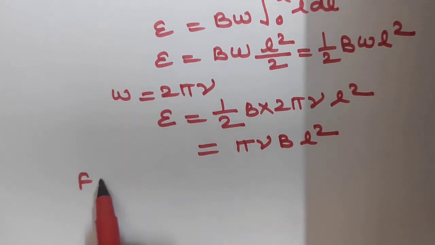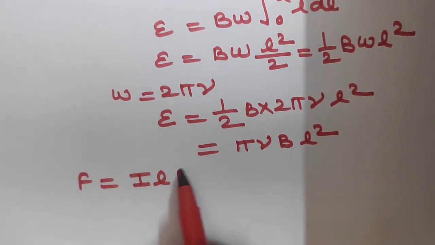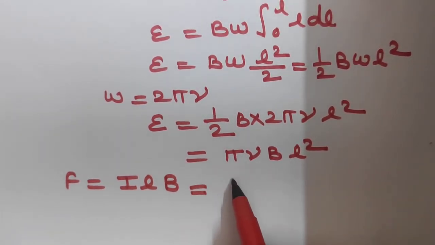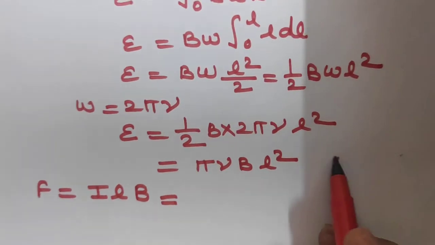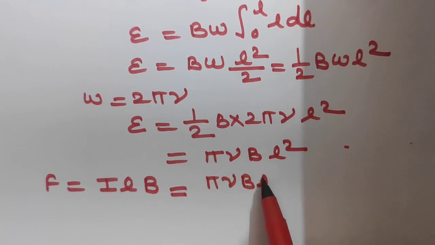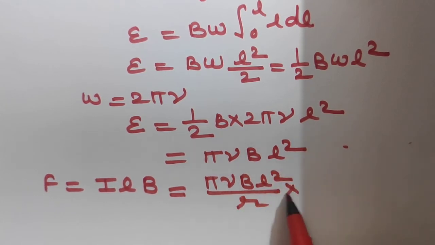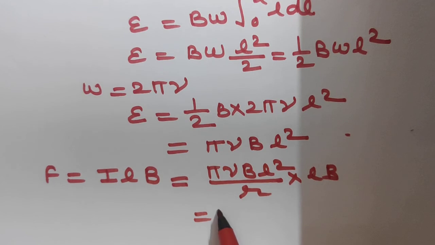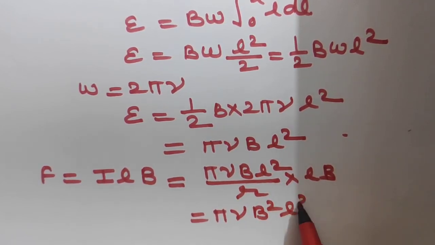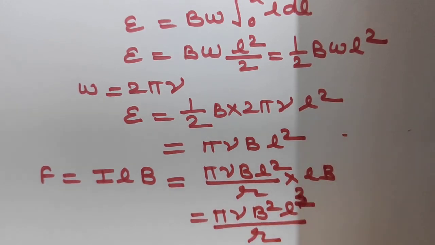So F equal to I L B, where I equal to E upon R. So it will be pi nu B L square upon R into L B, that is equal to pi nu B square L cube upon R. This is the force experienced.